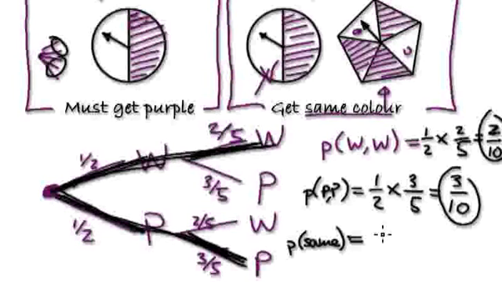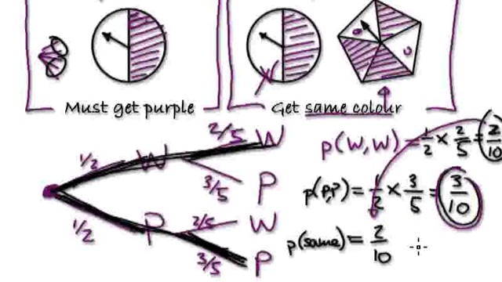So it will be 2 out of 10, which is this one here, and then we add 3 out of 10. So that becomes 5 out of 10.